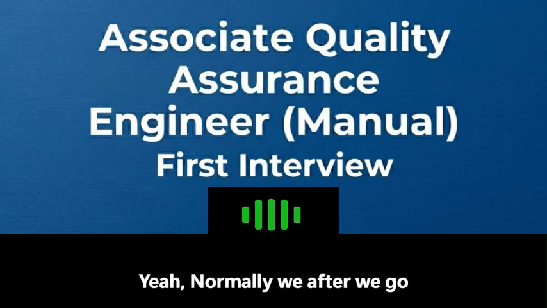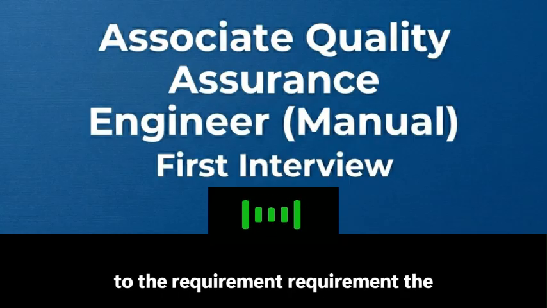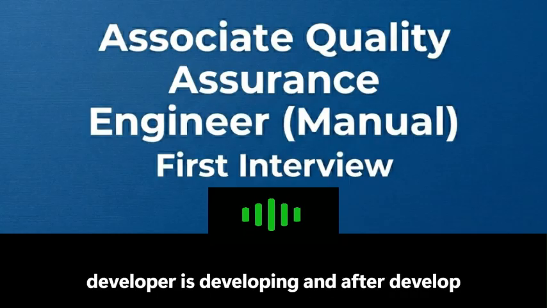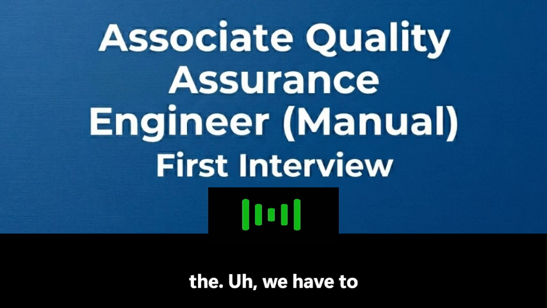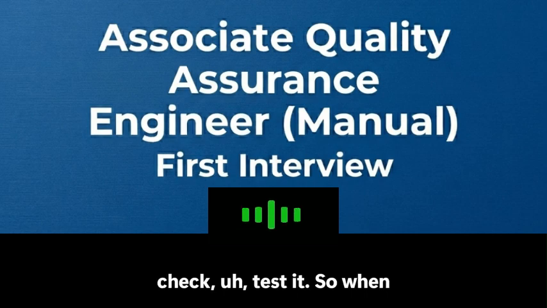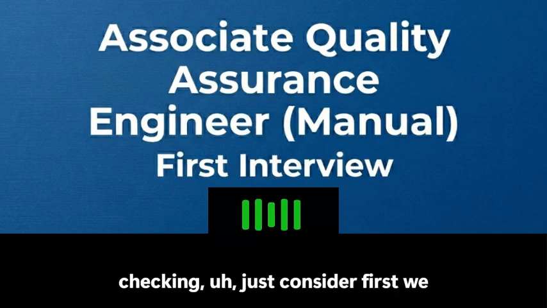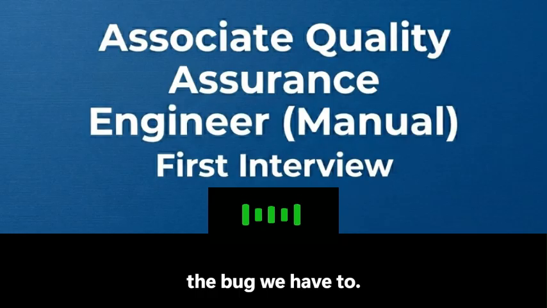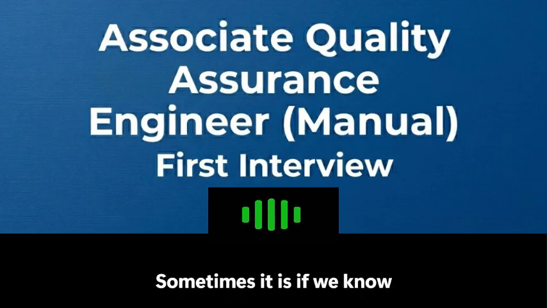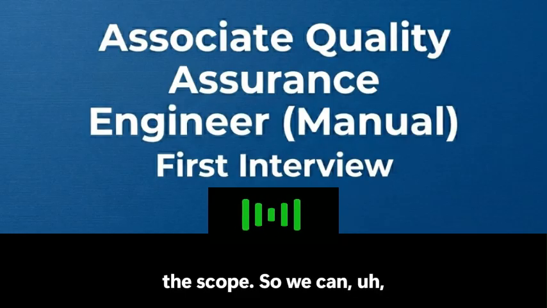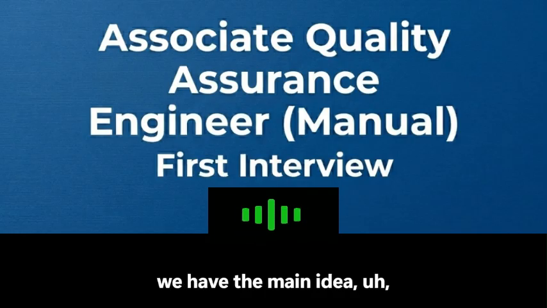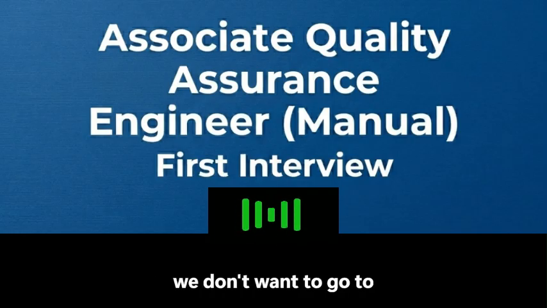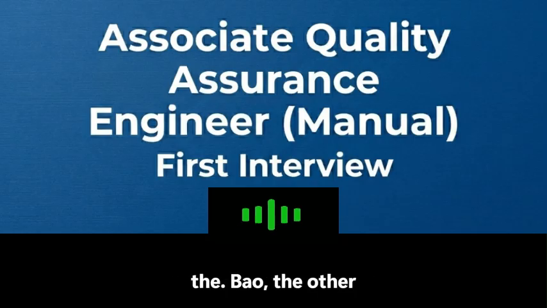Yeah. Normally, after we get the requirement, the developer develops, and after development we have to test it. When testing, we first find the bug, and sometimes if we know the scope, we have the main idea and we don't need to go to the BA or another person.